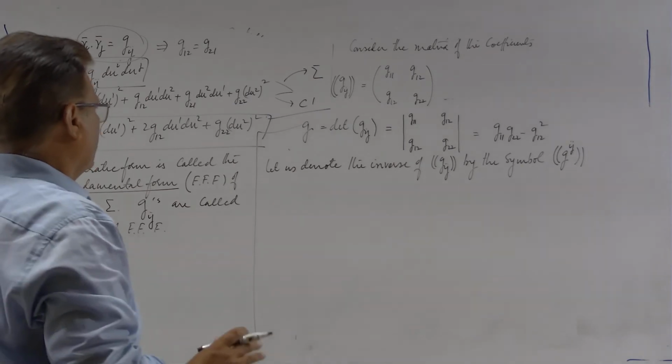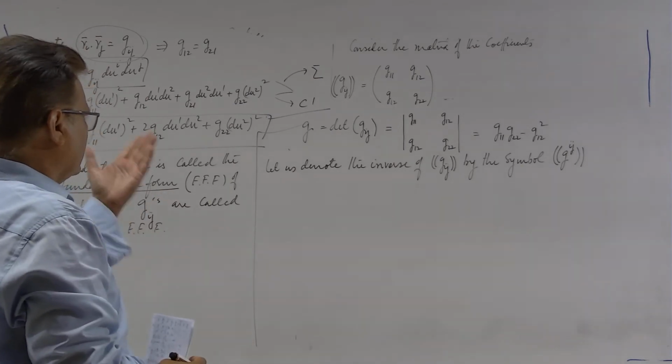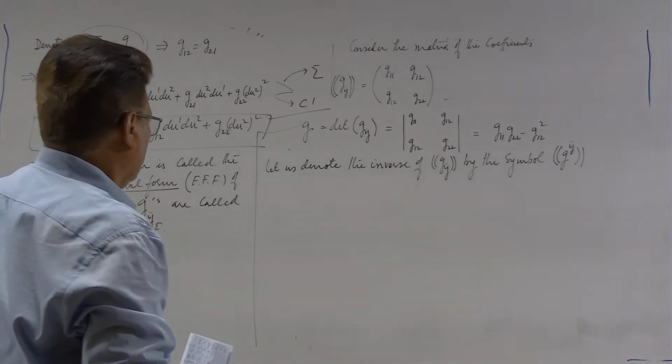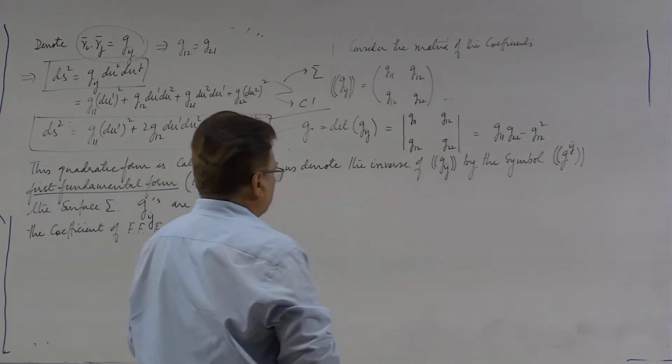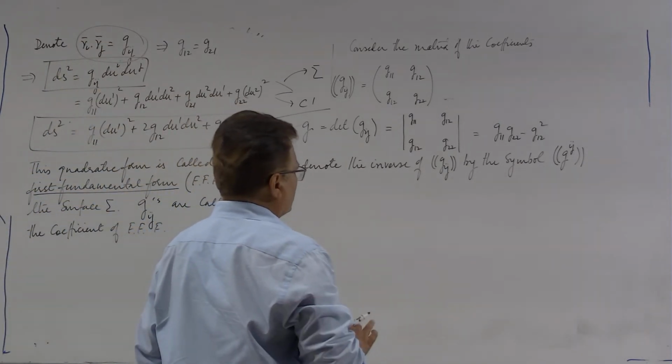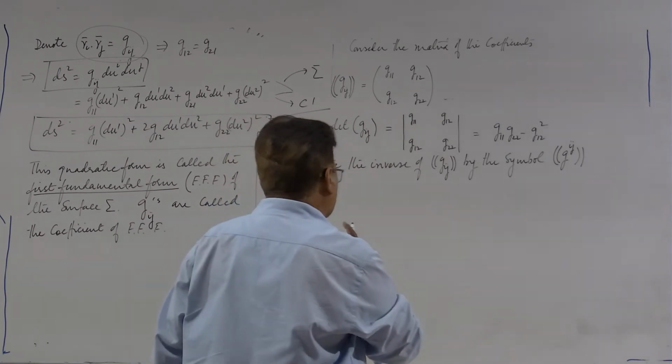This will happen only when the inverse exists, that is, if it is non-singular. So, we are assuming it is non-singular, then we are computing G upper ij.